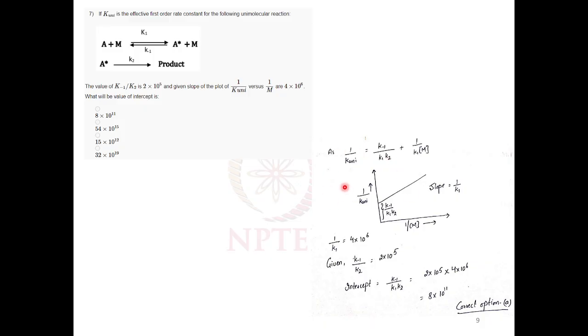This is the equation. I need to find out this k unimolecular reaction. So 1/k = k₋₁/(k₁k₂) + 1/(k₁[M]), and y = mx + c.